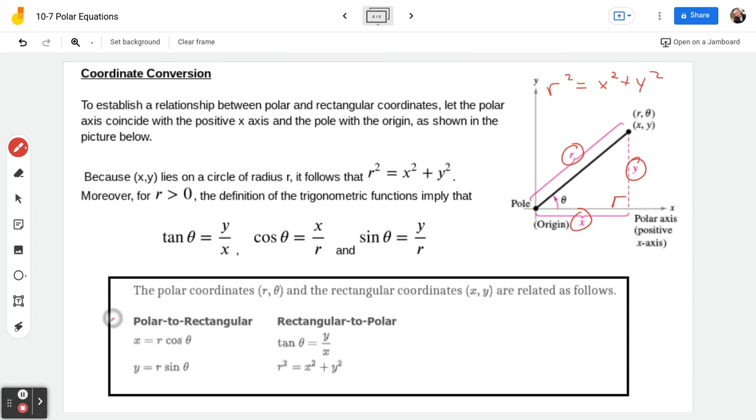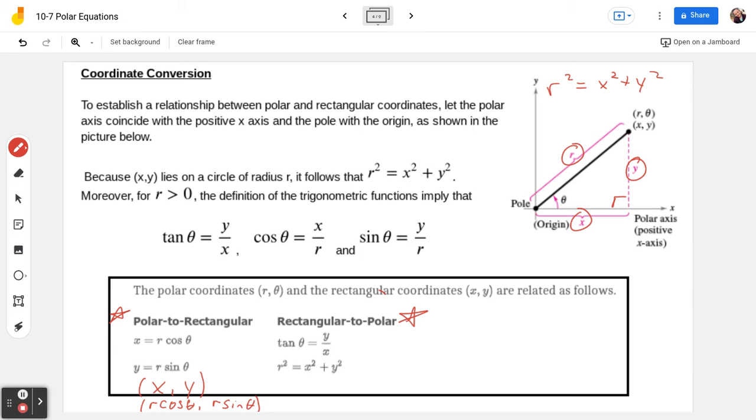So the big key here is how can I convert from polar to rectangular, and how can I go from rectangular to polar? Say I start with polar. If I go from polar to rectangular, x is equal to r cosine theta. So say I have an ordered pair (x, y). In polar mode, it's going to be (r cosine theta, r sine theta).